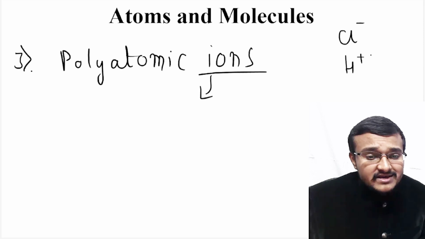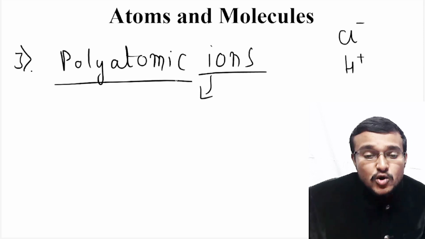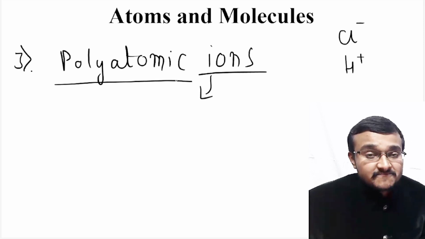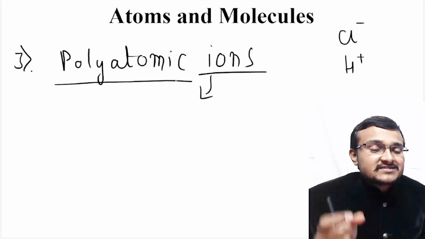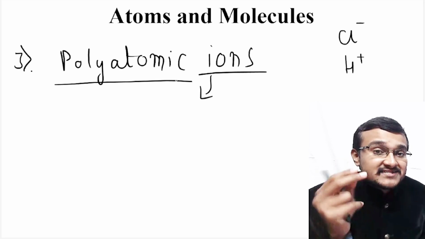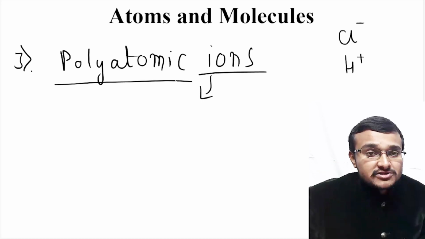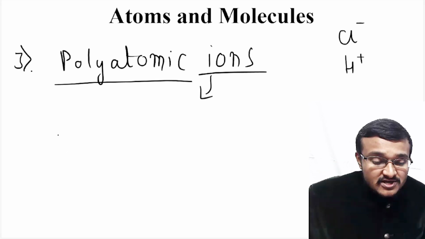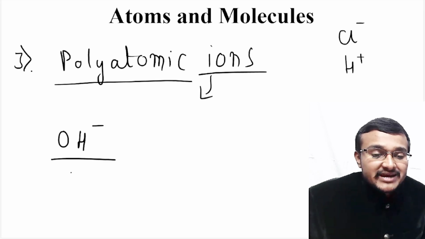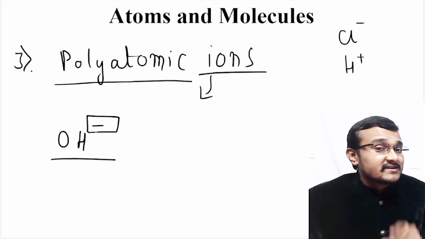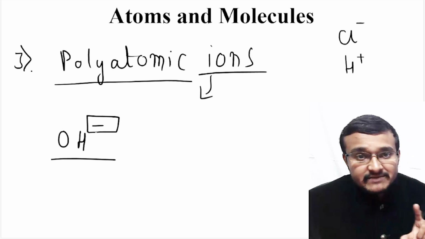But now here they have specifically asked what we mean by polyatomic ions. Ions which have two or more atoms involved in the ion formation are known as polyatomic ions. For example, OH minus is an ion because it has a net negative charge, since the species is not stable alone.